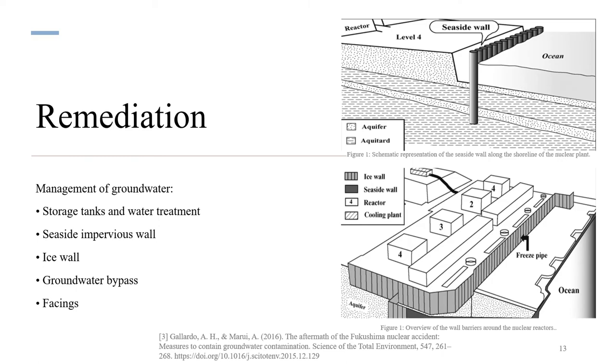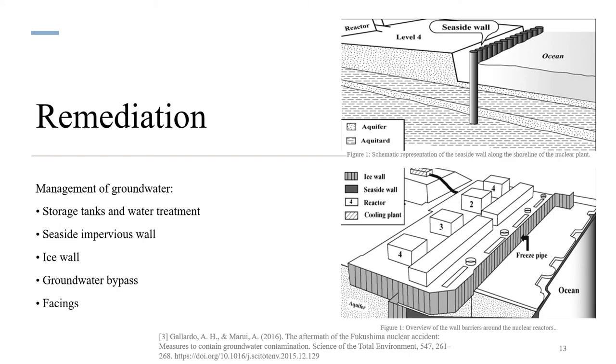The ice wall prevents groundwater from the uplands from reaching the basement of the reactors where radioactive water is accumulated. At the same time, a restricted groundwater inflow translates into a gradual decline of water levels and the consequent reversal of hydraulic gradients inside the walls. Inflows into the reactors are being further reduced by pumping groundwater out on the mountainside of the power plant.